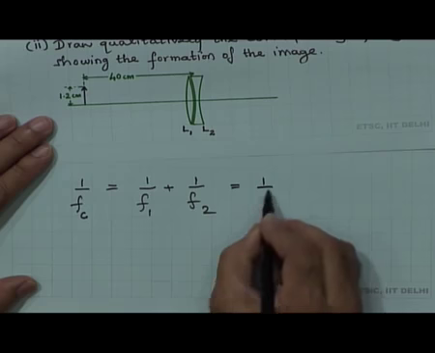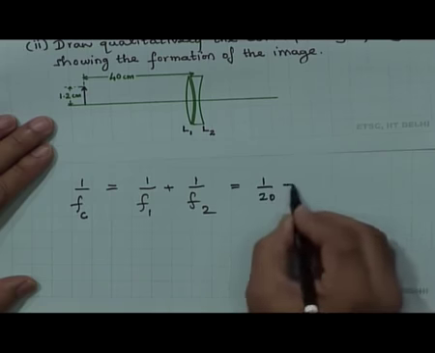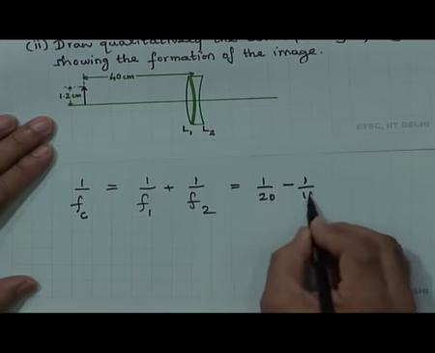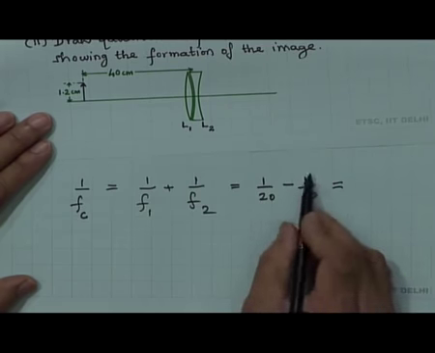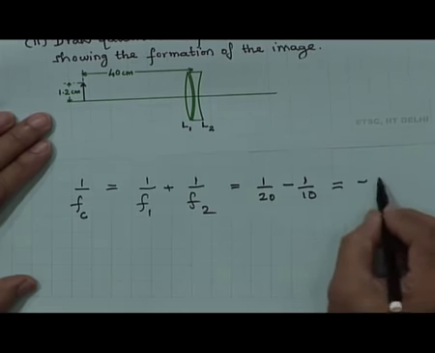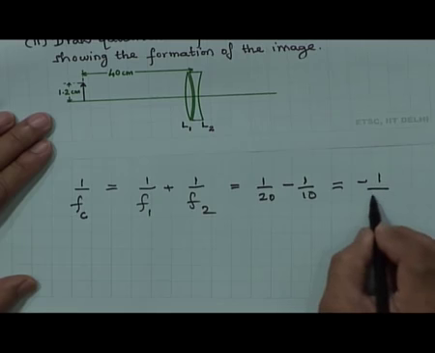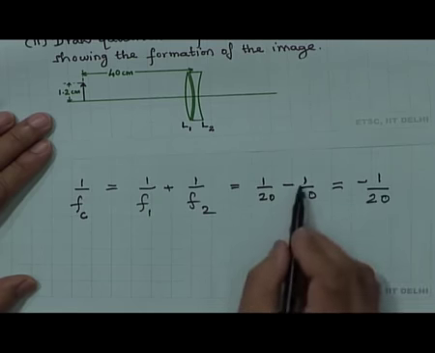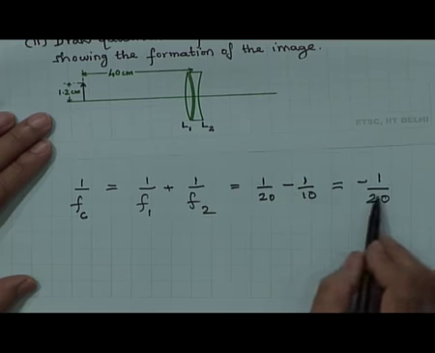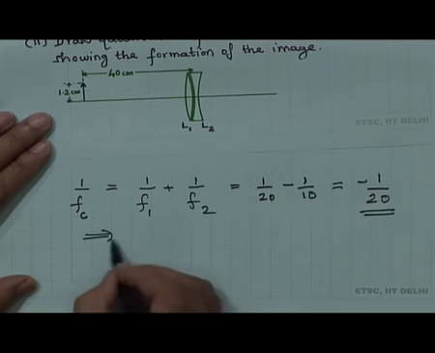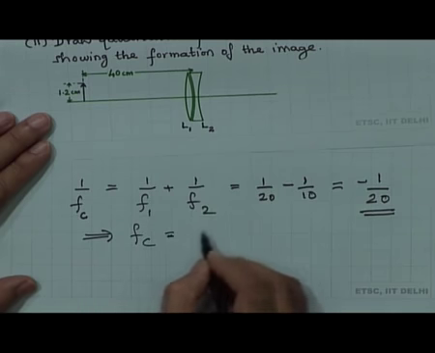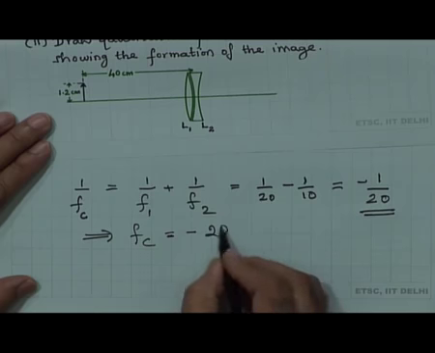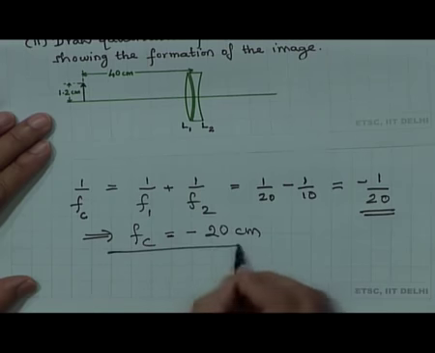So this is 1 by 20 minus 1 by 10, which is 1 by 20 minus 2 by 20, that is minus 1 by 20. This implies F C, the focal length of the combination, is minus 20 centimeter.